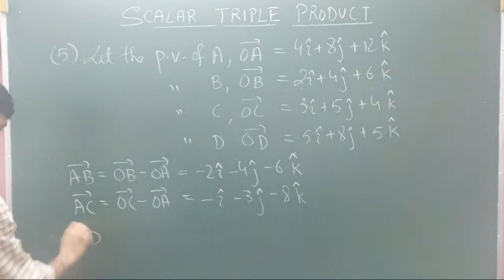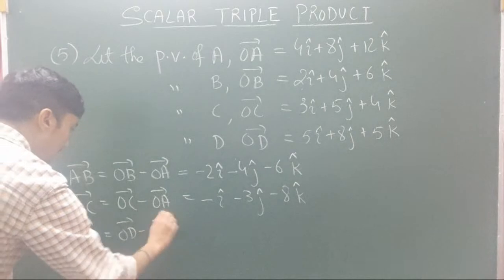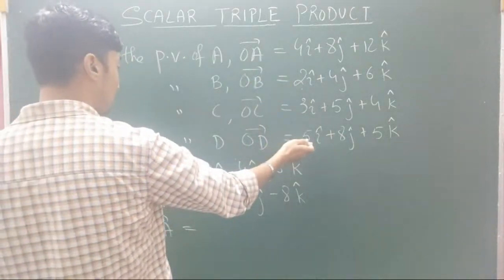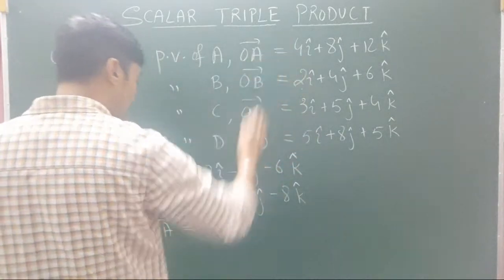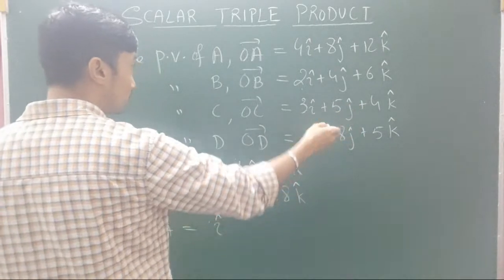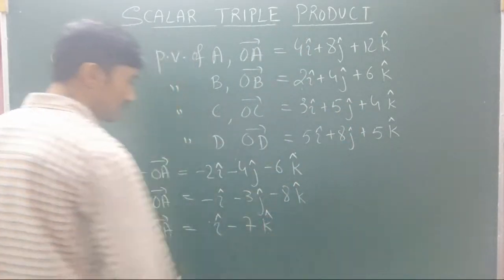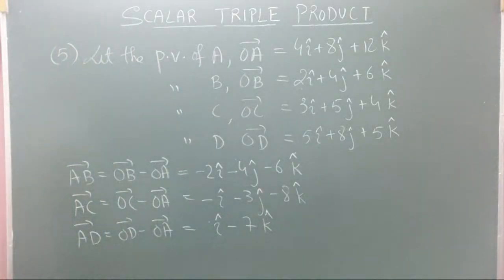And AD vector is OD vector minus OA vector. 5 minus 4, okay, this time positive, 1. 8 minus 8, 0. 5 minus 12, minus 7. I hope I've got it correctly. You can just kindly check and let me know of any corrections.